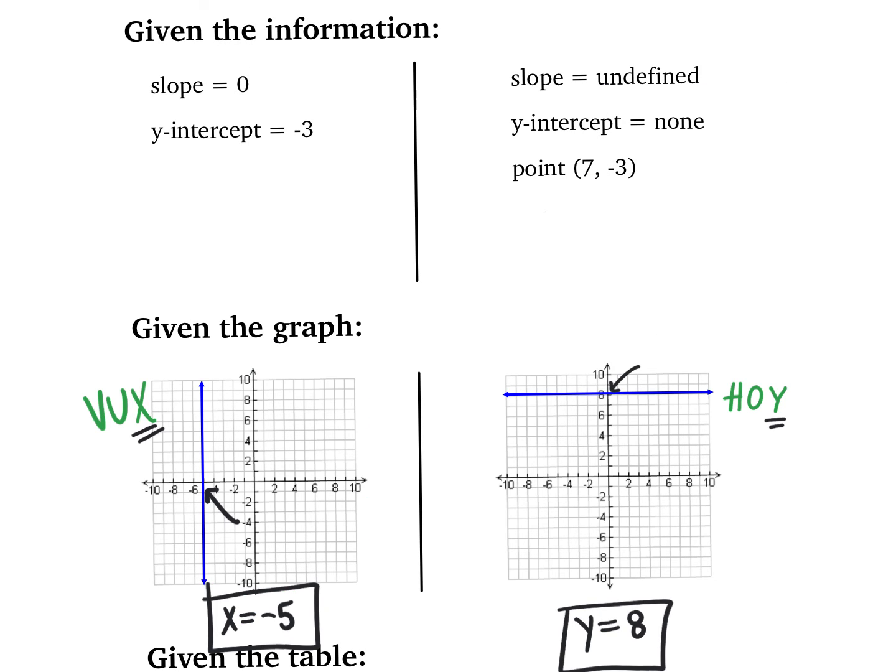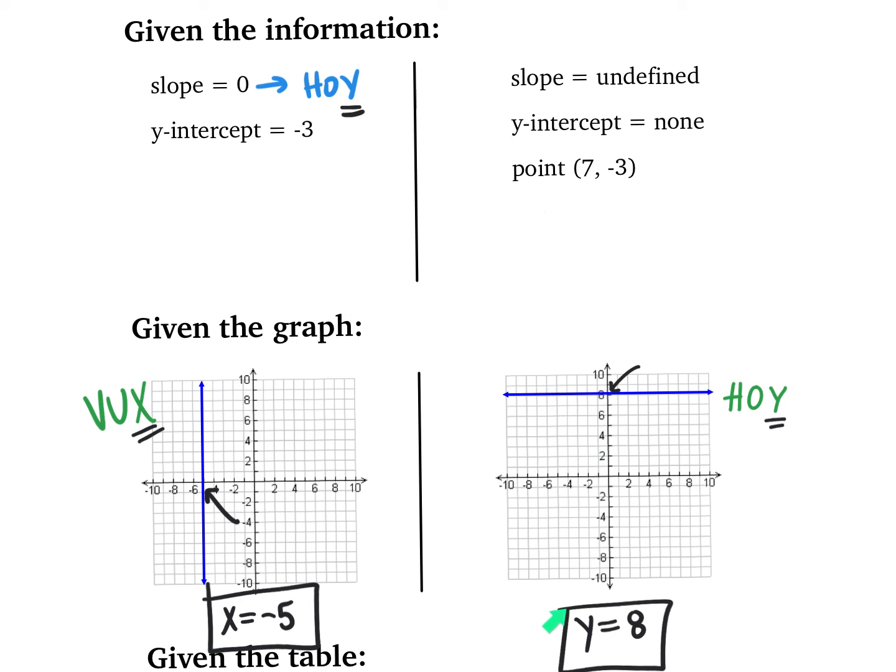Given that information, I'm going to show you how you can visualize a graph and help you write the equation for that. A slope of 0 is associated with horizontal lines and therefore a constant y value. If we look at the other horizontal line graph that we have here, we see that the y-intercept is 8.